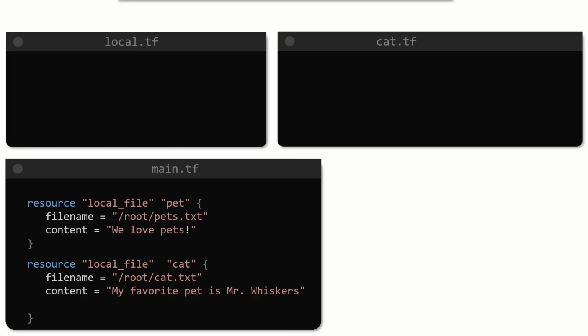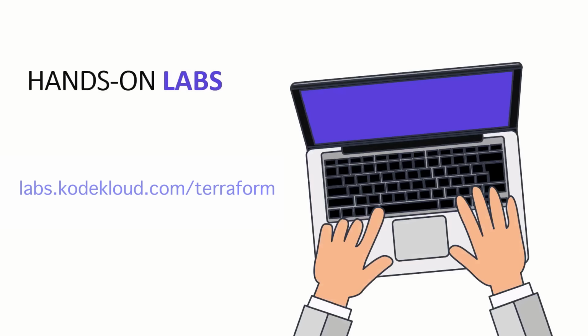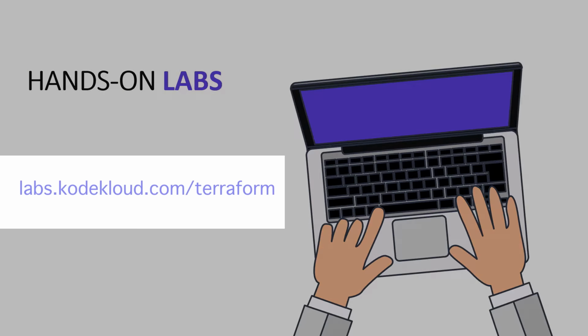There are other configuration files that can be created within the directory, such as variables.tf, outputs.tf, and providers.tf. We will talk more about these files in the later sections of this course. Now, let's head over to the hands-on labs and explore working with providers.